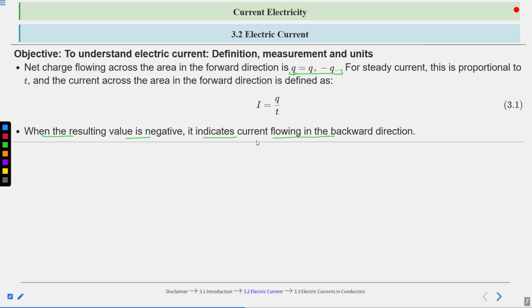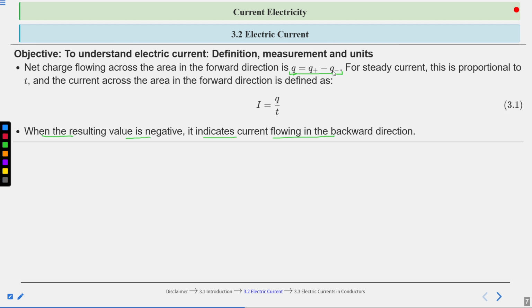In the case of a conductor, Q positive is 0. The current due to positive charges is 0, because in conductors there are no positive charges, only free electrons, and they are moving in the forward direction.